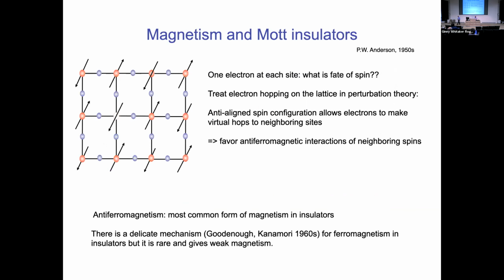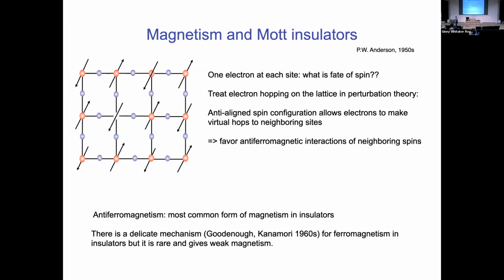So let me start by reminding maybe the students in the room about the conventional story of magnetism in insulators, going back to Phil Anderson. In an insulator, magnetism comes about first because of Mott localization. So you have, say, one electron per site, and then the question is what happens to the spin of the electron.